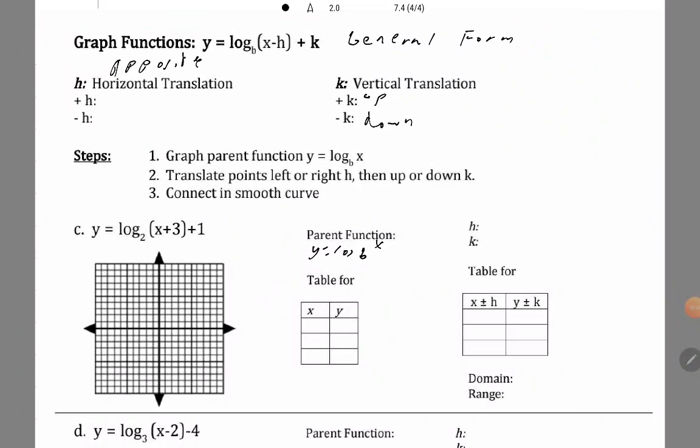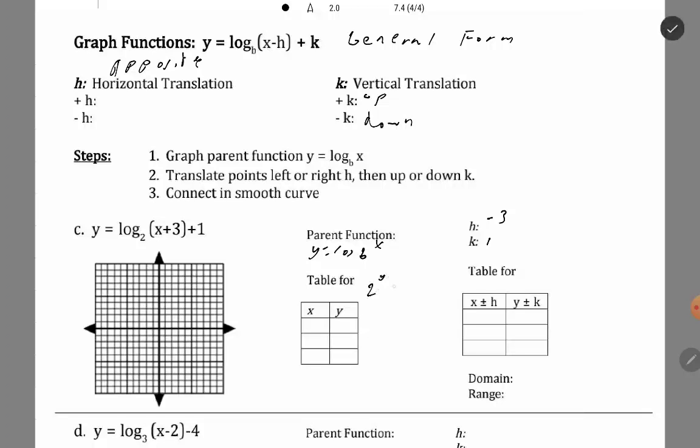Okay, and then put out our values. H is -3, and k is 1. So we have two tables here, and these are a bit more complicated because we have to shift the graph using h and k. We can't easily just put this in our calculator. I mean, we can put this in our calculator, but it's not as simple. So here's the parent function.